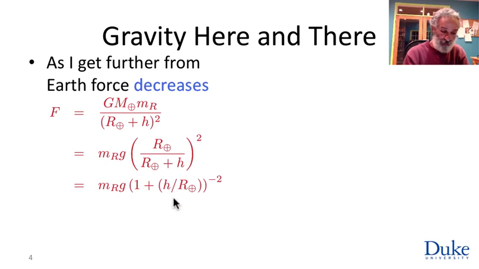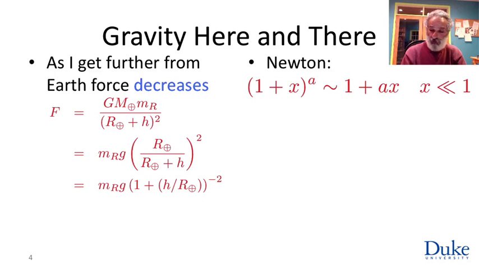And the point I want to apply here is that this is an exact expression, and I want to see if I can simplify it for cases where my height above the Earth is not very large compared to the radius of the Earth. And to the rescue comes, of course, none other than Newton, who derived the following important expression.